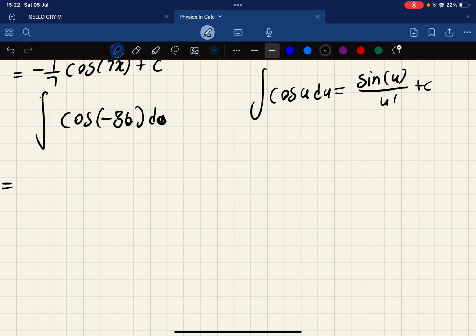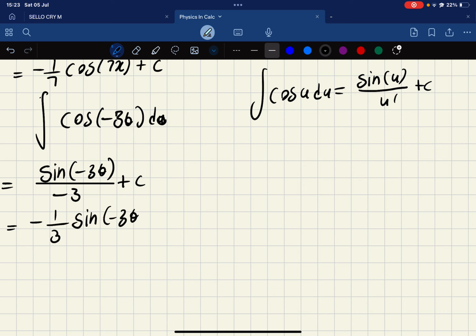So here our answer is going to be sine, what is u? U is negative 3 theta, over u prime. What is the derivative of negative 3 theta with respect to theta? It is negative 3. Then we say plus c. Our answer is negative 1 over 3 sine negative 3 theta plus c.